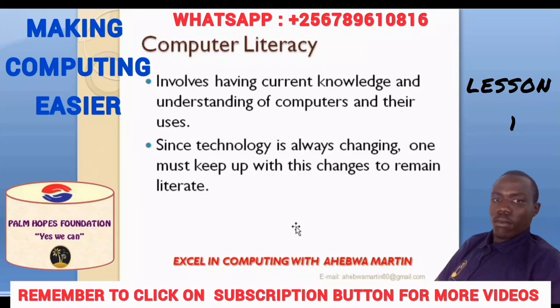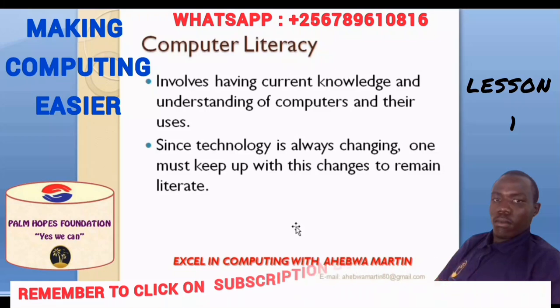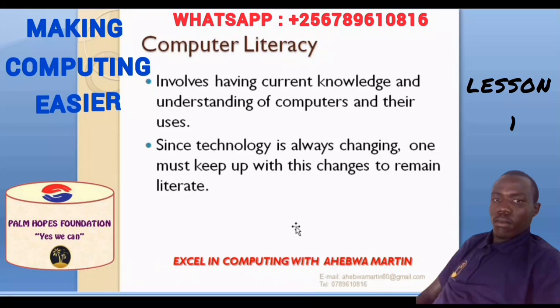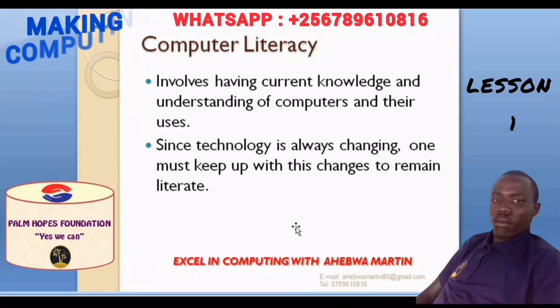So this is about how you understand computers and computing, how you understand their usage, or what your expertise is with using computers. That is what computer literacy is all about, as we have summarized it: having current knowledge and understanding of computers and their uses.